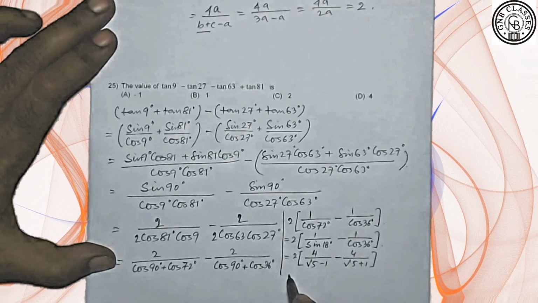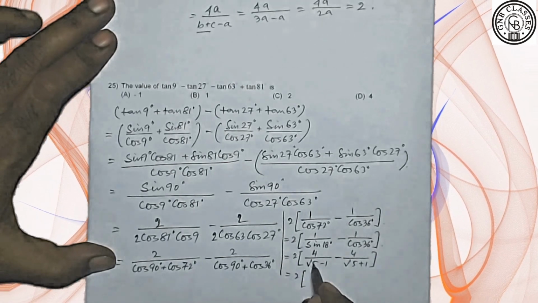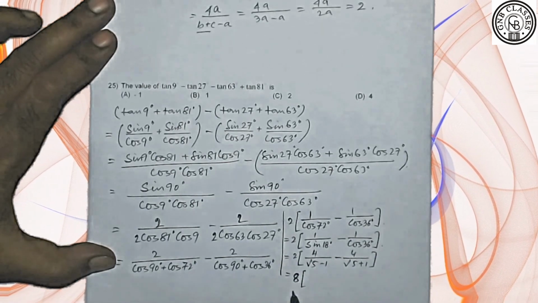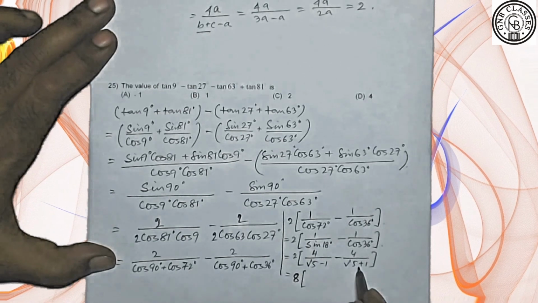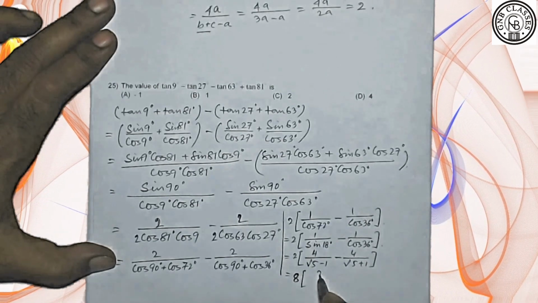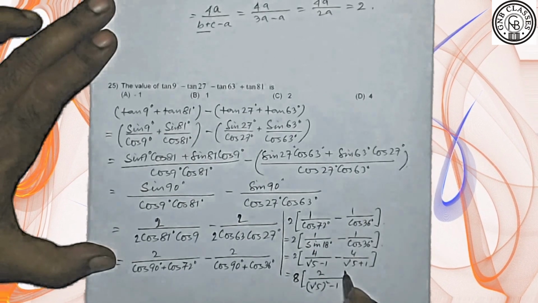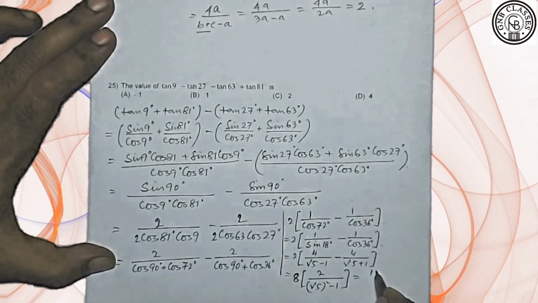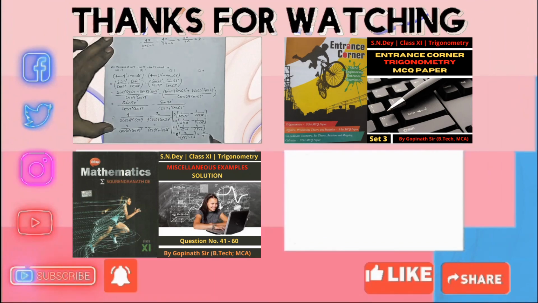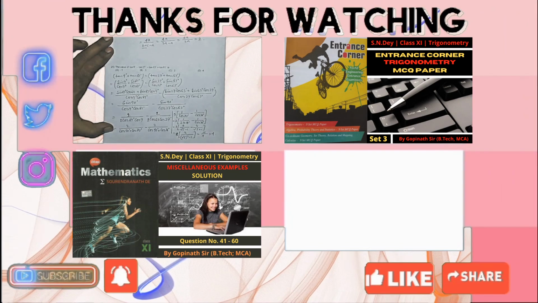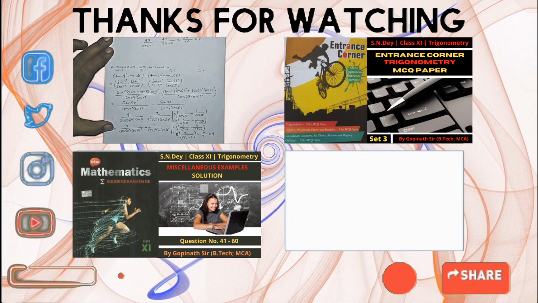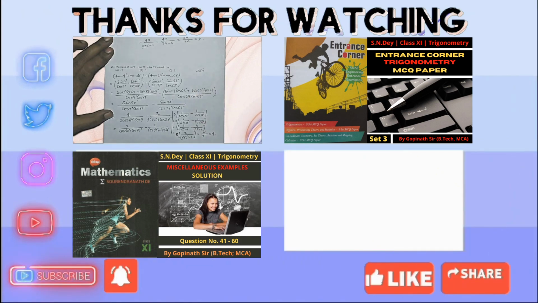Okay, now if I take LCM, and if I take 4 common also, so we are having 8 outside, and in the numerator we are having 2 by root 5 whole square minus 1. Is it clear? So it's 16 by 4, so that gives you 4. Is it clear? Absolutely. So option D is correct in this case.